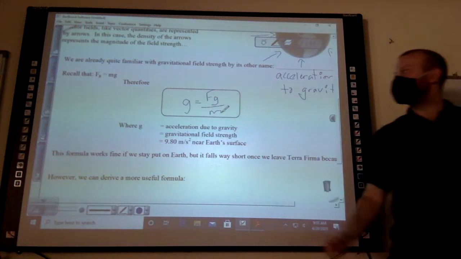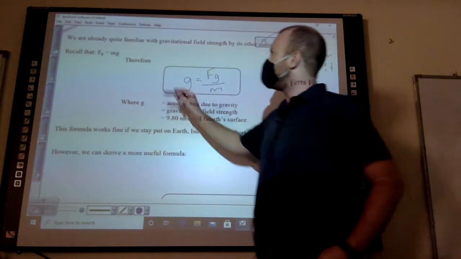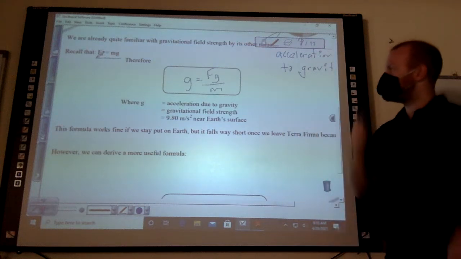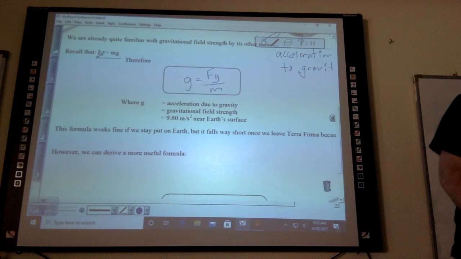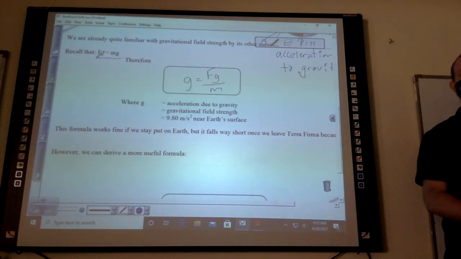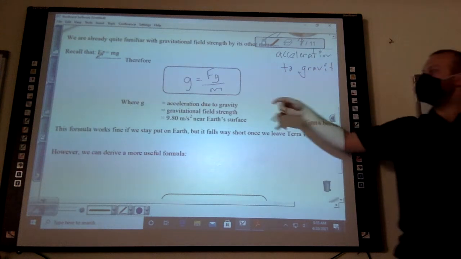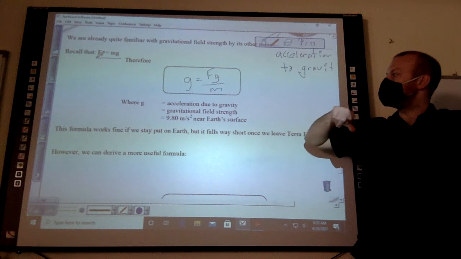Like I said, lots of this is going to be reviewed. That's why I'm just whipping through it. You remember this equation, Fg equals mg. Therefore, g is equal to Fg over m. Lots of this is reviewed from last year, so you know what each of these things are. g has two names: acceleration due to gravity and gravitational field strength.